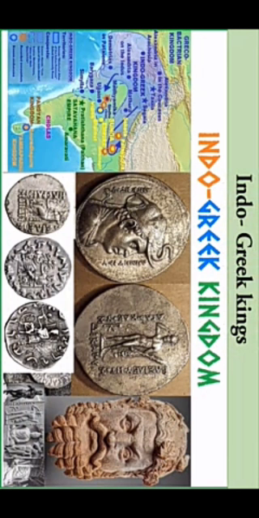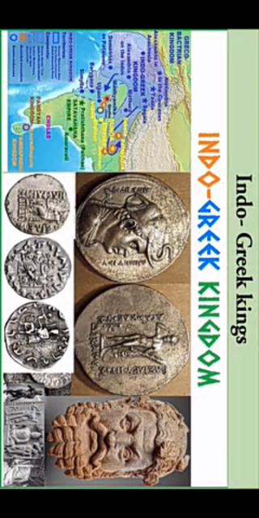These Greek kings who ruled the northwest part of India were called the Indo-Greek kings. If we study in detail the history of the coins of ancient India, then the coins made by the Indo-Greek kings are very important in this study.